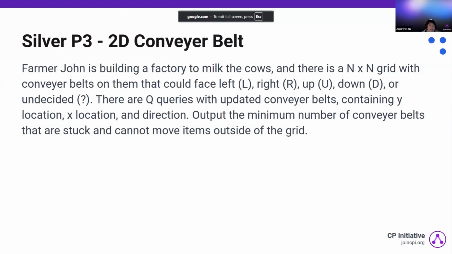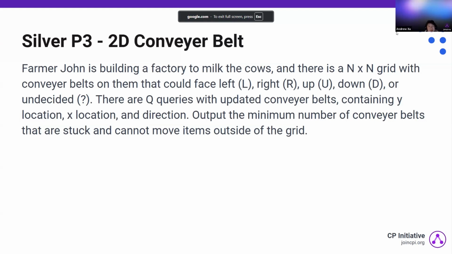So I'll give you guys 1 minute to read the summary. It's just like you have an n by n grid, and you place conveyor belts on them, where they could move an item left, right, up, down, or the spot has nothing on it, so there's no conveyor belt.